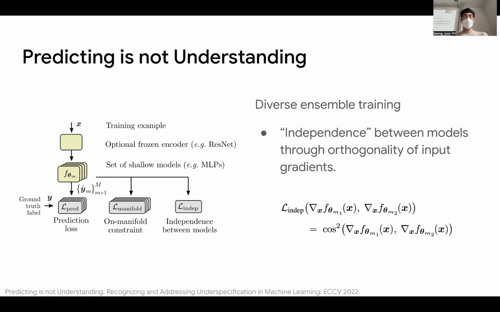And this is a pairwise measure. So if there are n different models in your ensemble, then you have to compute this in order of n squared time, because you have to measure all pairwise independence. So this is one measure, but I can think of multiple different ways of measuring difference here.